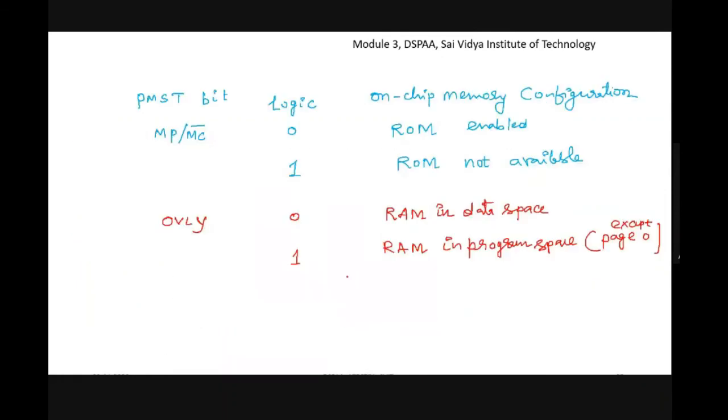And coming to the last bit I have here for analysis purposes, we have DROM. If this DROM bit is equal to 1 or equal to 0, what is going to happen?